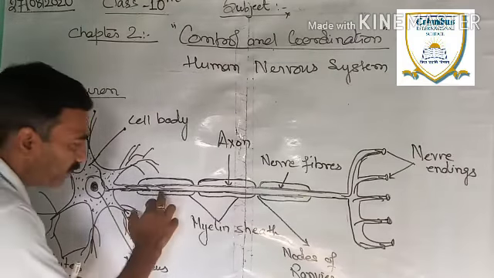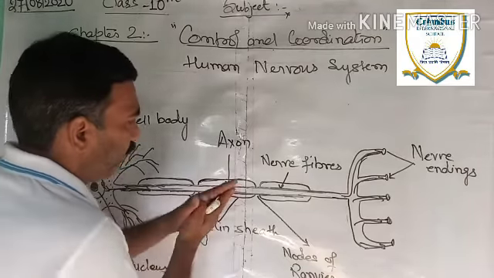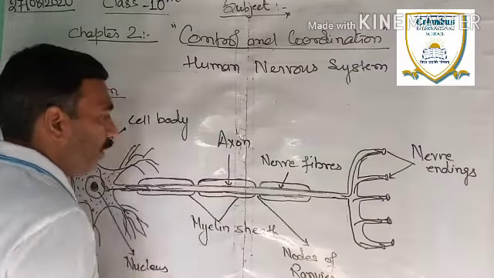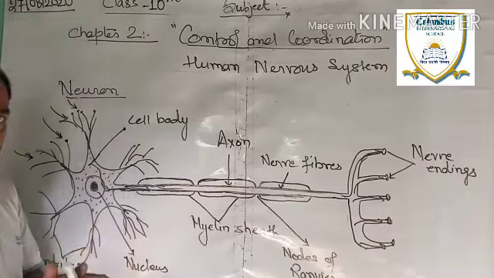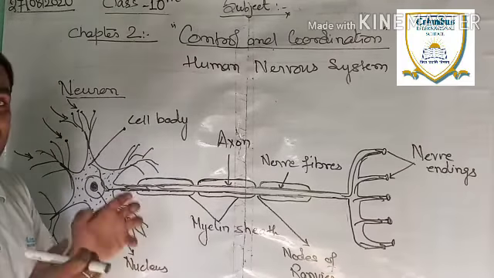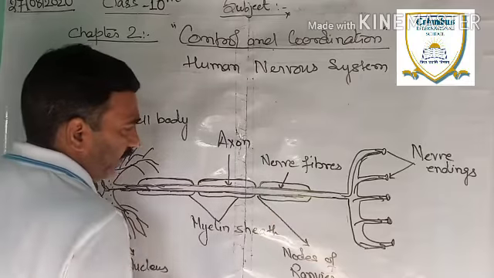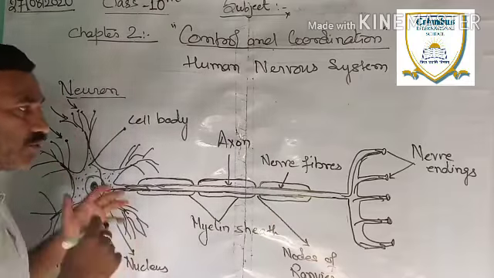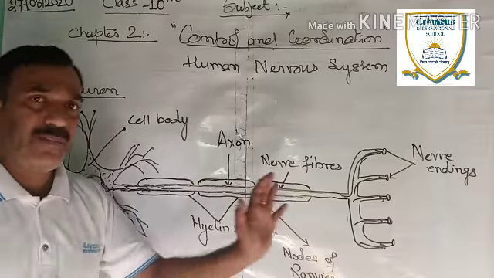So the myelin sheath protects the soft and delicate axon. Moreover, the nerve fibers and the myelin sheath together provide protection and strength to the neurons. These nodes of Ranvier and myelin sheath together give the speed. That means they give the pace.